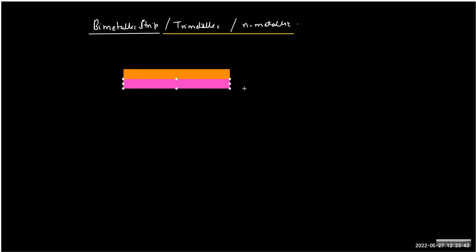And these two are glued together. Now, if the thickness of each strip I take as T, and if I call the length as L, T is called thickness.